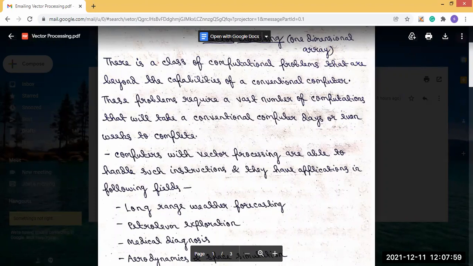For this large, complex calculation, a system which uses vector processing will be able to handle such instructions. We can perform it on our normal computer also.